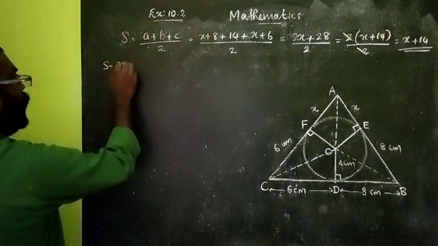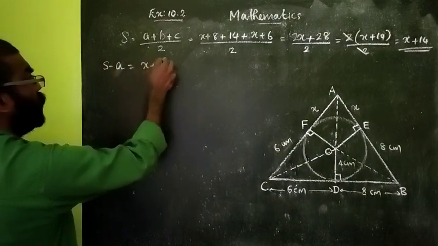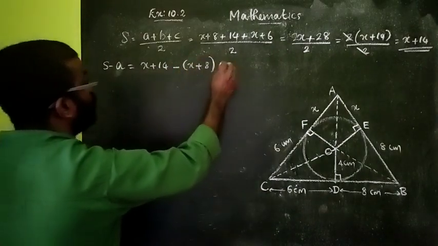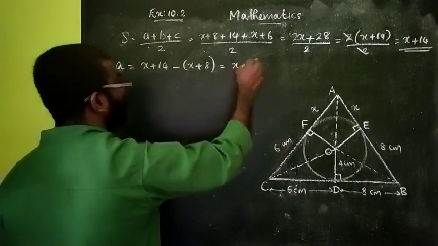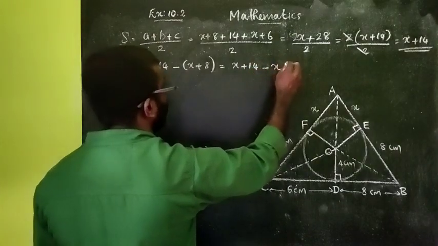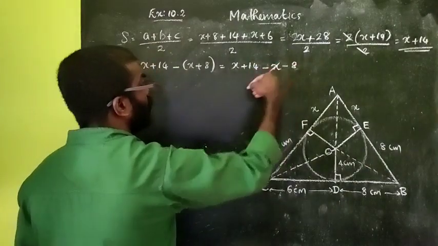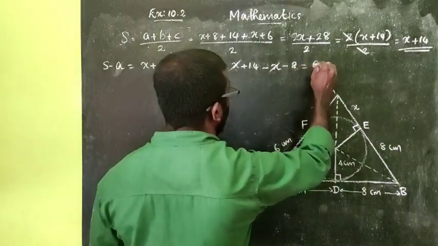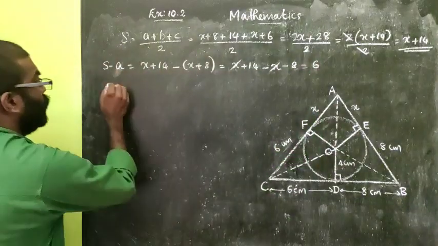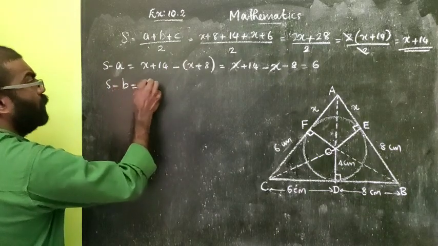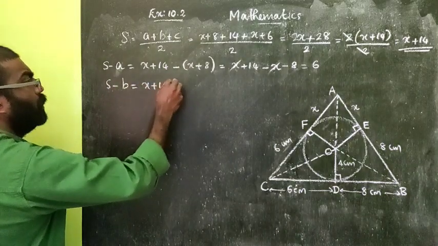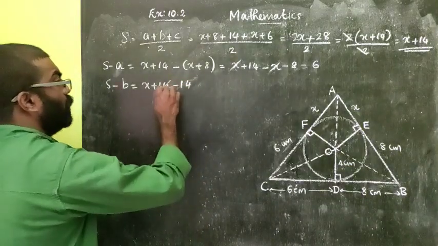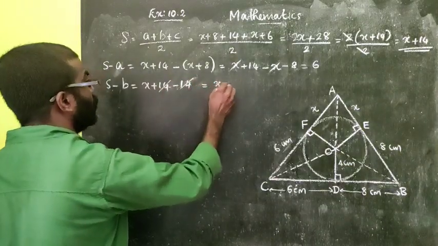Now s minus a, that is x plus 14 minus x plus 8, which is equal to x plus 14 minus x minus 8. Minus x and plus x cancel. 14 minus 8 is equal to 6. s minus b: x plus 14 minus 14. 14 and minus 14 cancel, we get x.